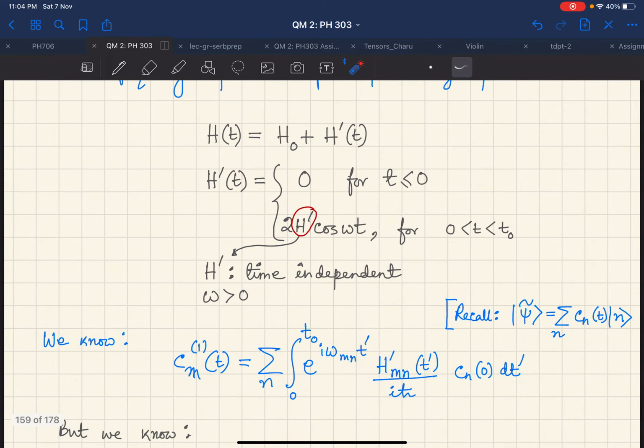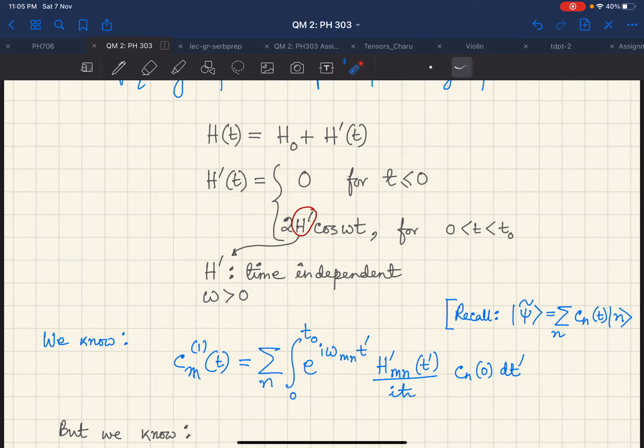Okay, so now we are looking into this type of perturbation, and we are looking into a range where our omega is always greater than 0. Now if you recall, all this started with writing this psi tilde ket as a sum over C_n(t) times ket n, which were the eigenstates of the unperturbed Hamiltonian H naught. And from there we had seen how to write down the coefficients, the first order perturbation in perturbation theory, how to write down these C_m's.